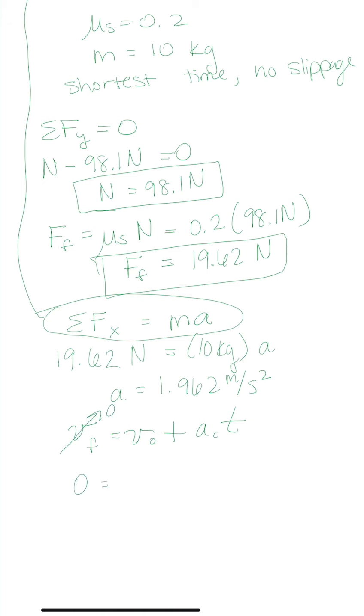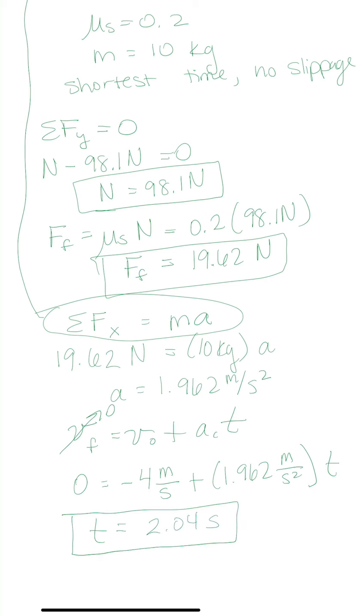So 0 equals, the initial velocity was to the left, so negative 4 meters per second, plus the acceleration, 1.962 meters per second squared, times time. So time equals basically just 4 divided by 1.962, which equals 2.04 seconds. So that's the solution to that last one. So that's the end of the final review.